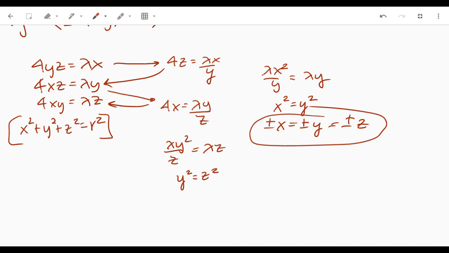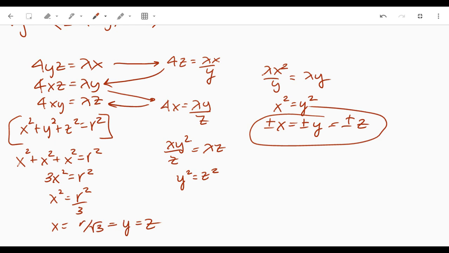This will give us 8 points. But since they're all the same, x squared plus x squared plus x squared equals r squared. 3x squared equals r squared. X squared equals r squared over 3. So x is r over the square root of 3. That's also y. That's also z.